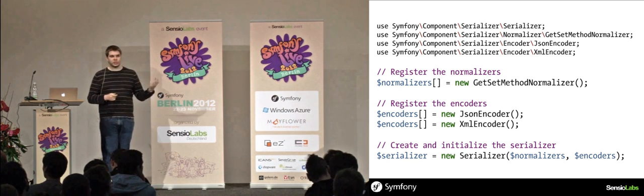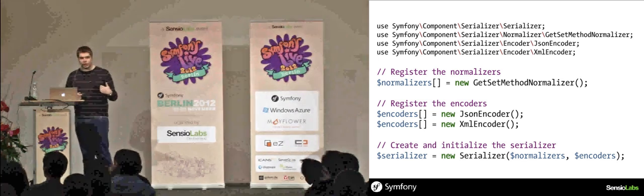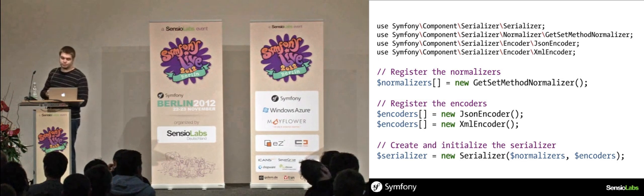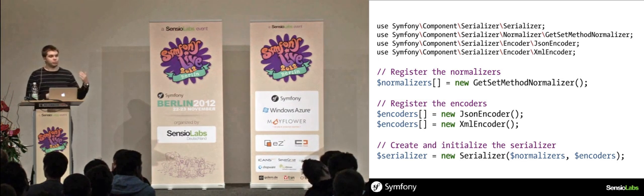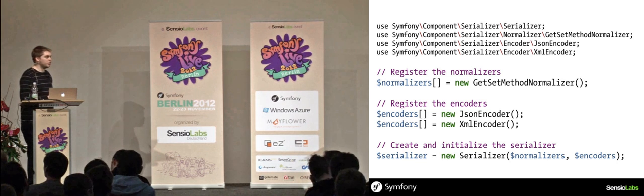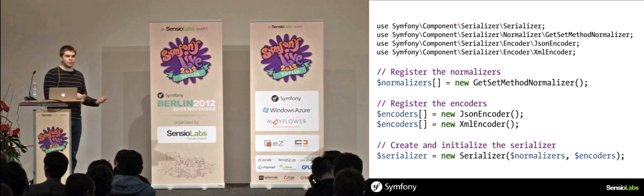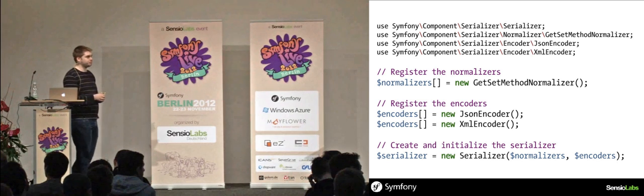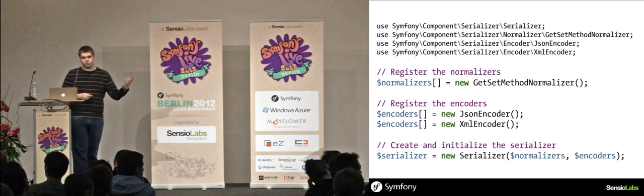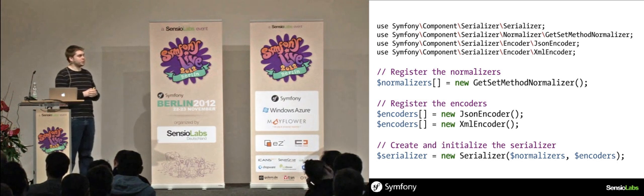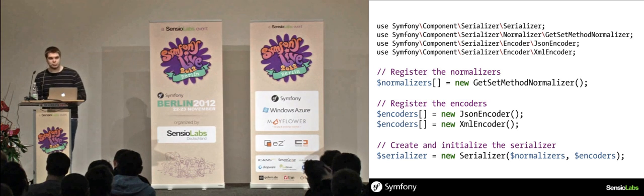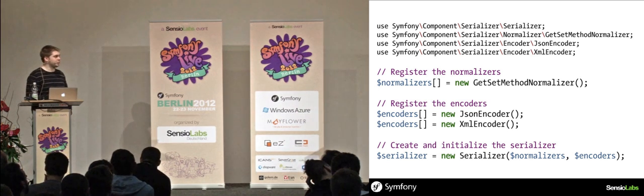Using the reflection API, it will find all getter methods in your PHP object, and it will call the getter methods to create the representation of your PHP object. And when you resurrect the PHP object, it will call the setter methods to populate your PHP object.